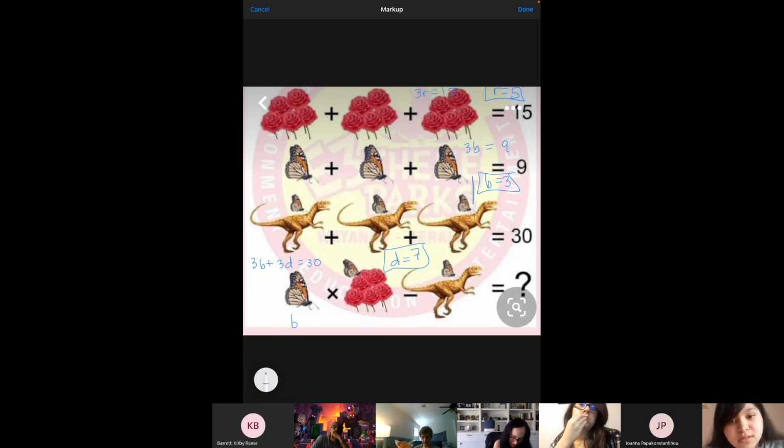So now let's look at the final step. I have a butterfly times a butterfly plus roses minus a butterfly plus a dinosaur. Does everybody agree with that last little expression? Okay, so we said a butterfly was 3 times 3 plus the roses, which was 5, minus butterfly was 3 plus dinosaur is 7.